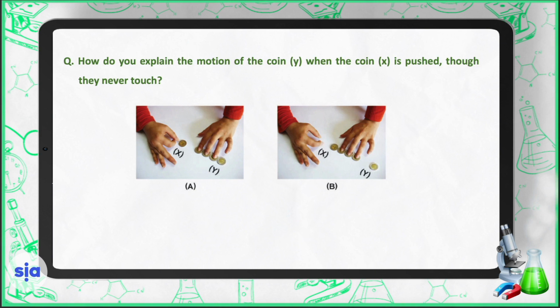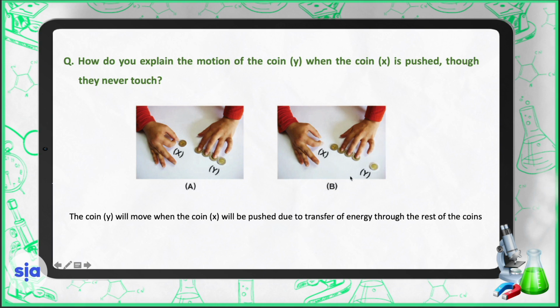Look at these pictures and explain the motion of the coin Y when the coin X is pushed, though they never touch. Here is the coin X and here is the coin Y, and you will explain the motion of the coin Y when coin X is moved toward this stack of coins.